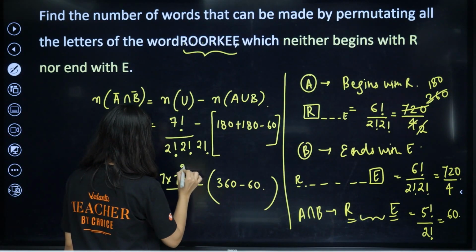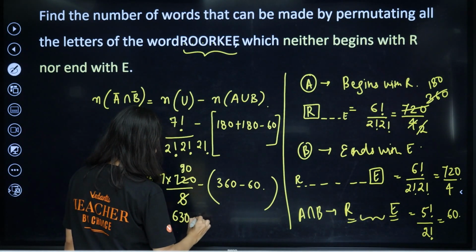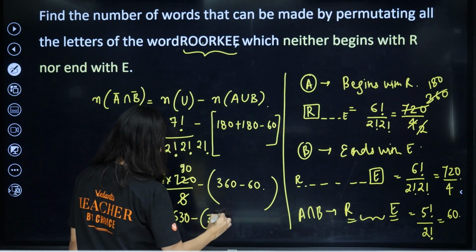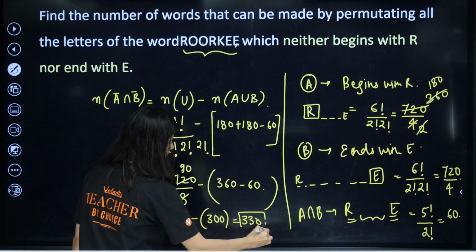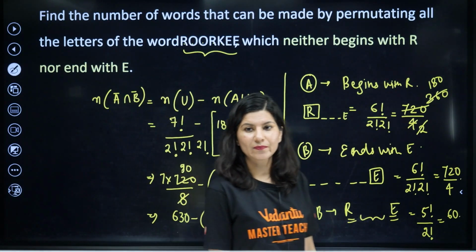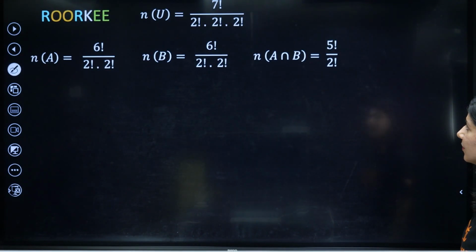So 630 minus 300. This is going to be 330 as your final answer. Clear? 330 will be your final answer.